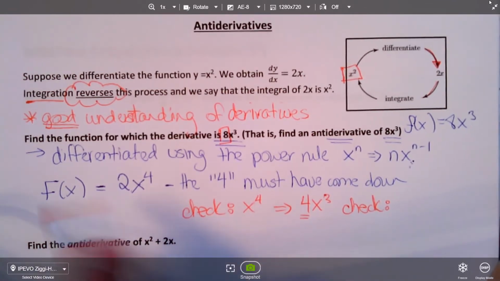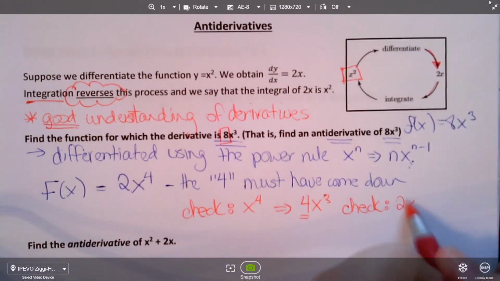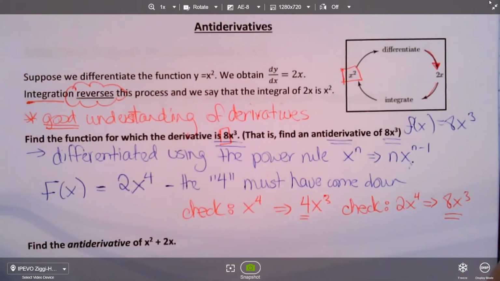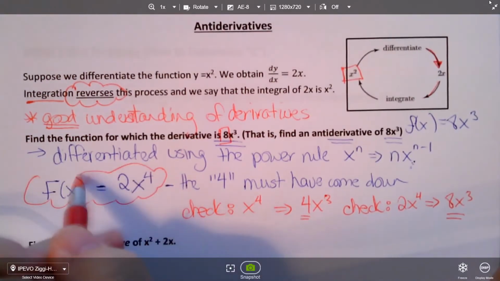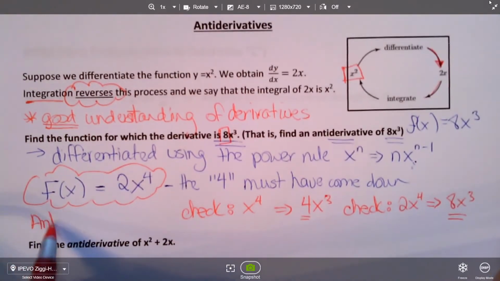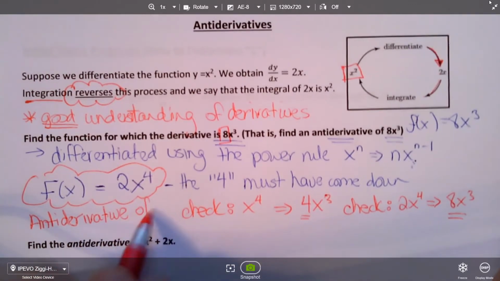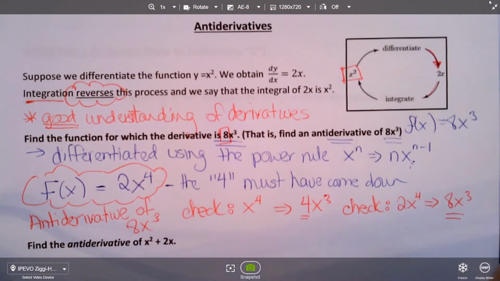So if I check again, now I have 2x to the 4. If I do a quick derivative of that, I see that it's 8x cubed. So yeah, that's what I used. So this is my antiderivative of 8x cubed.